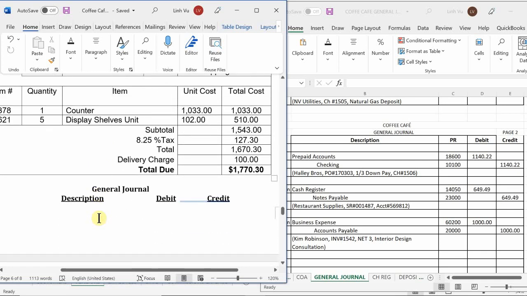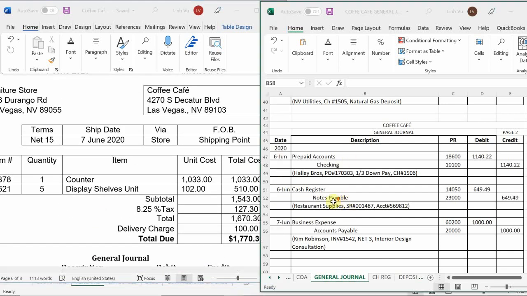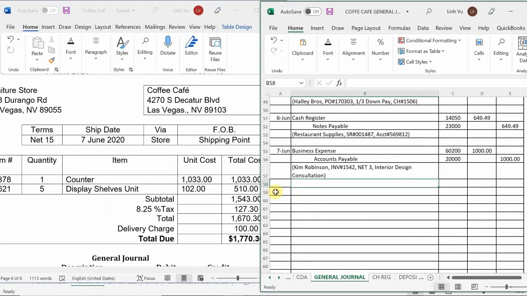So in my journal, what am I going to journalize? What did I acquire? Counter and display shelves. Yes, we bought a counter and we bought display shelves. And of course, we're placing this on accounts payable because we choose to not pay now.